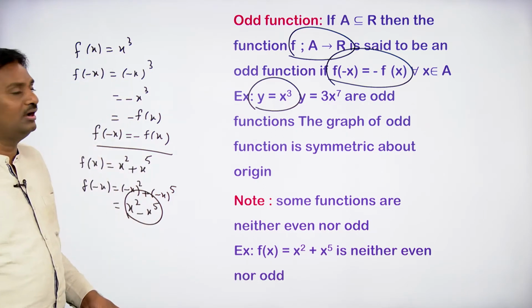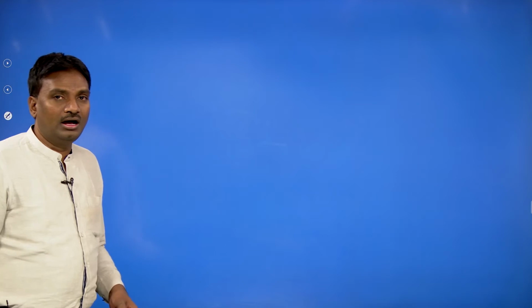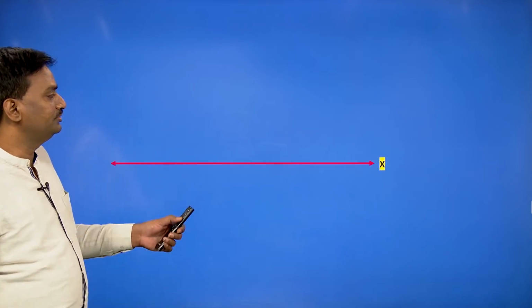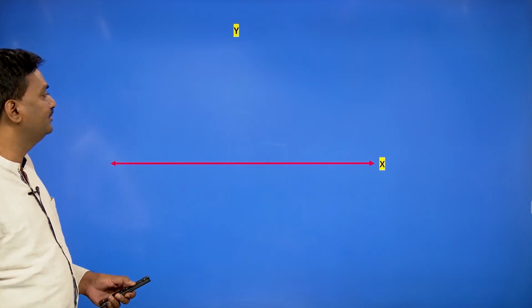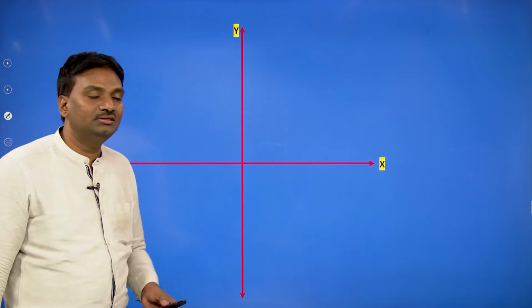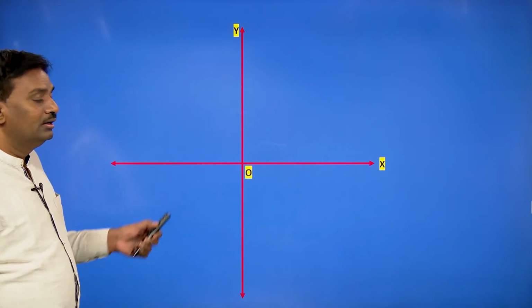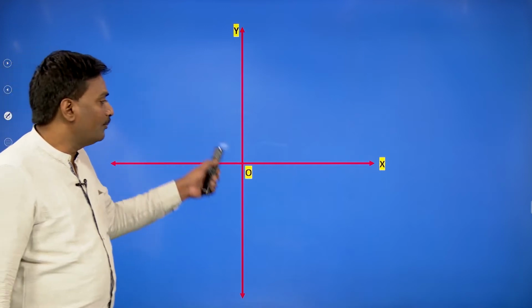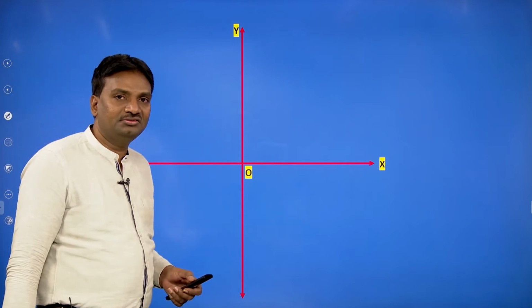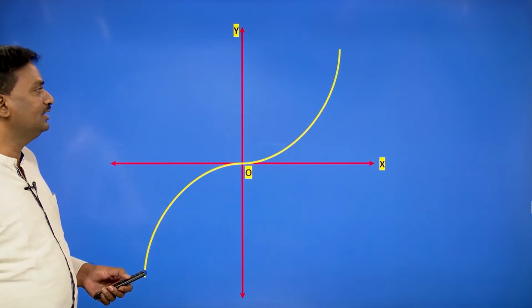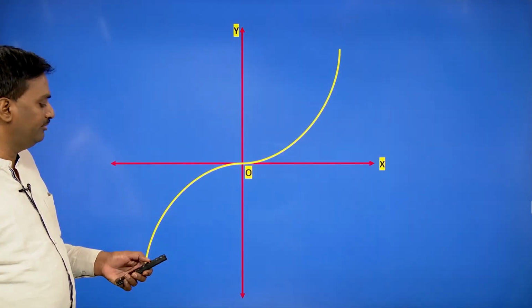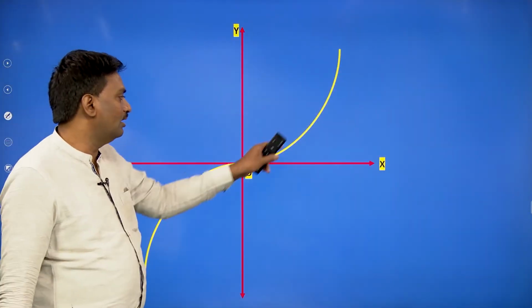Now let us discuss the graph of the odd function. Let us take this as the x-axis, and this red line as the y-axis. We know the intersecting point of the x-axis and y-axis is the origin. Now if we take the graph of an odd function, you will get a graph like this.